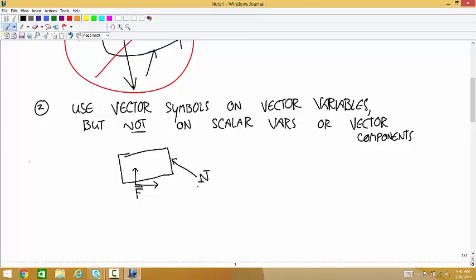So no vector variable there. And as far as components, the vector variable f is equal to fx, fy, and those are each numbers. So no vector variables on the components, but on the vector itself, yes. Any questions about that?